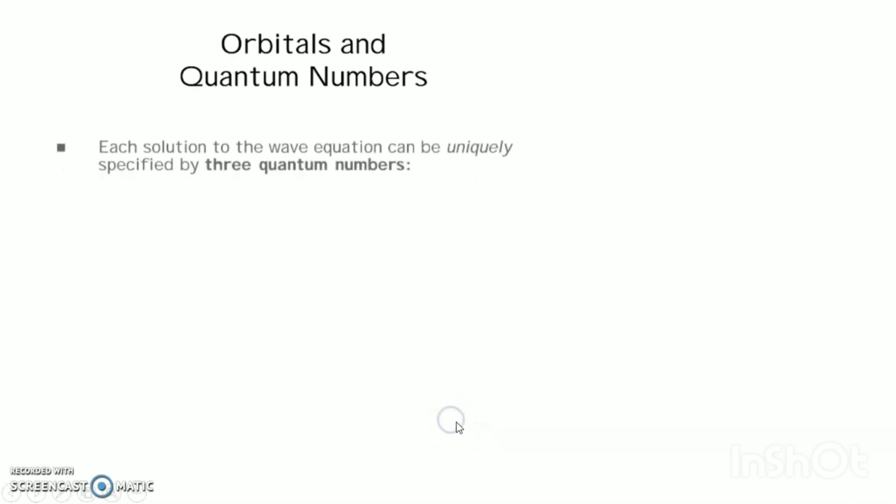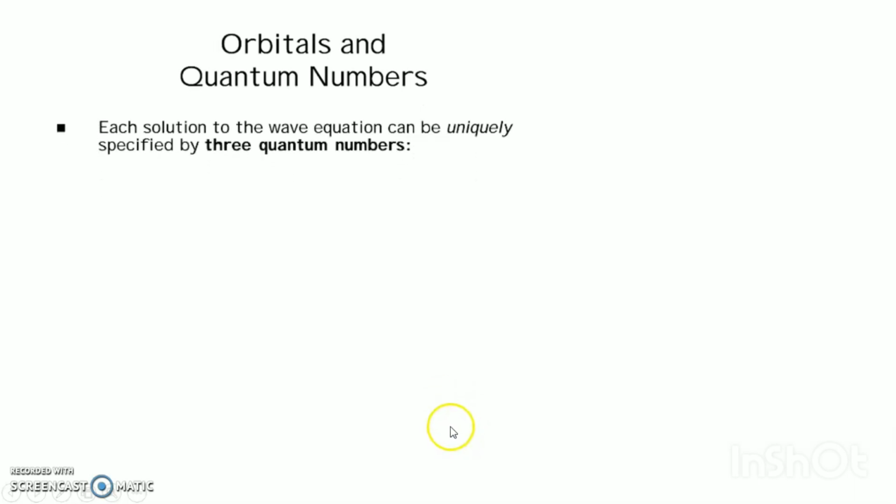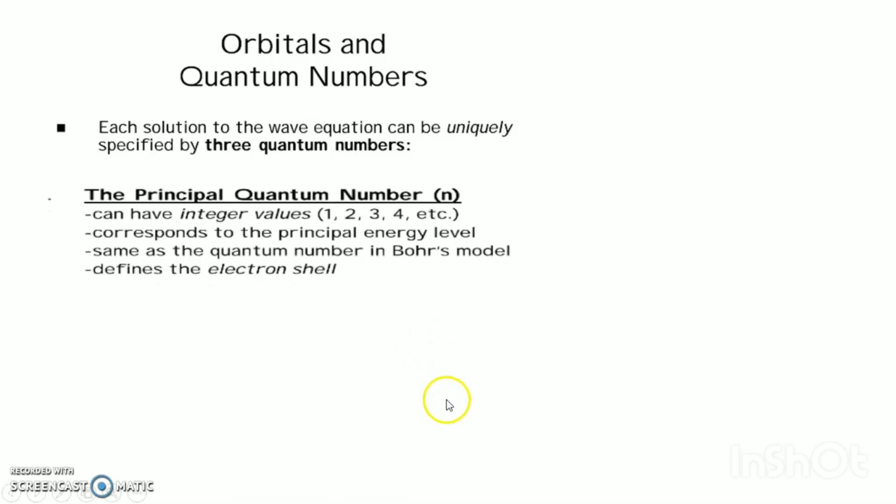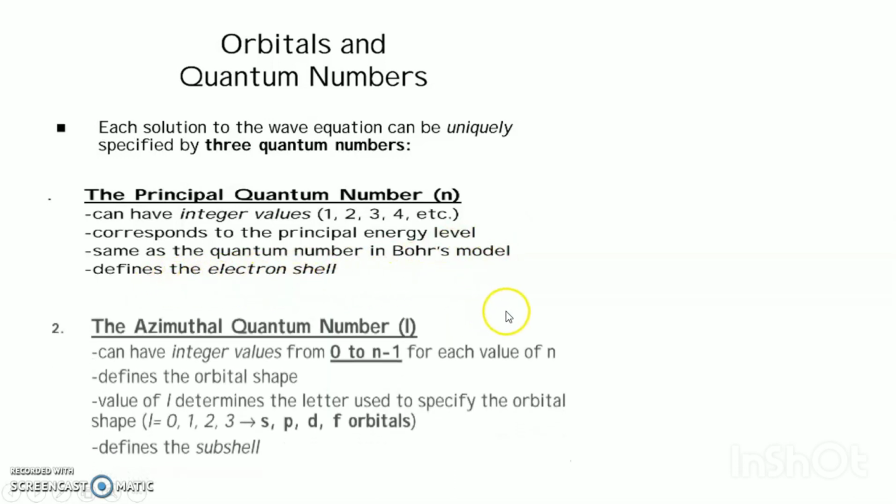Orbitals and quantum numbers. Each solution to the wave equation can be uniquely specified by three quantum numbers. The principal quantum number n can have integer values 1, 2, 3, 4, etc., and corresponds to the principal energy level, same as the quantum number in the Bohr model that defines the electron shell.